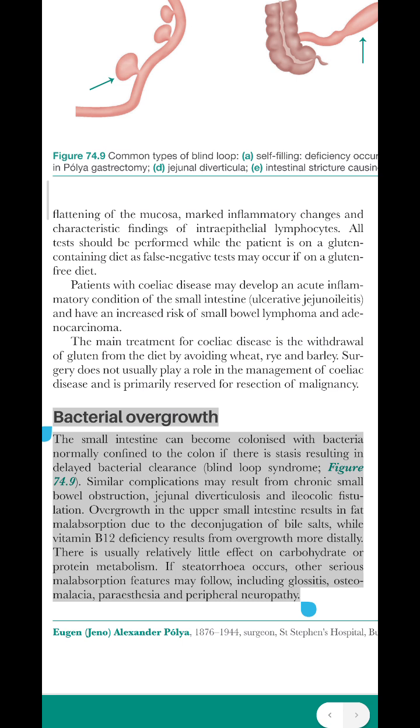Overgrowth in the upper small intestine results in fat malabsorption due to the deconjugation of bile salts, while vitamin B12 deficiency results from overgrowth more distally. There is usually relatively little effect on carbohydrate or protein metabolism. If steatorrhea occurs, other serious malabsorption features may follow, including glossitis, osteomalacia, paresthesia and peripheral neuropathy.